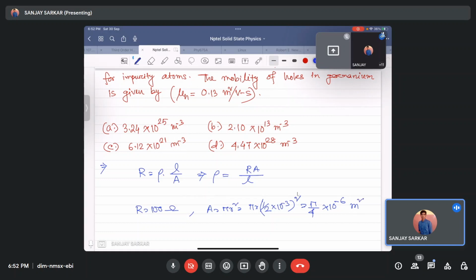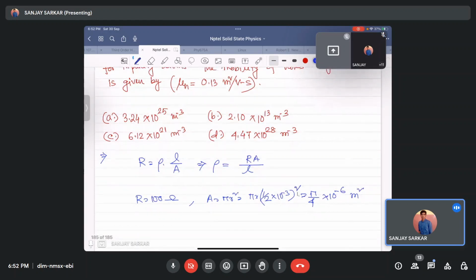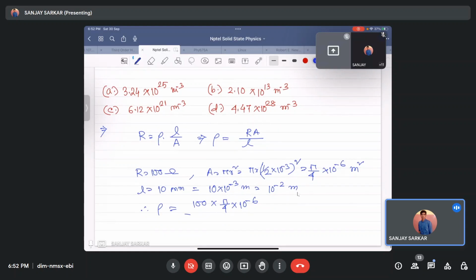So I have changed this millimeter to meter. Then L is also given as 10 millimeter, that is 10 into 10 to the power minus 3 meter, which is 10 to the power minus 2 meter. So rho will be 100 into pi by 4 into 10 to the power minus 6 divided by 10 to the power minus 2 ohm meter.